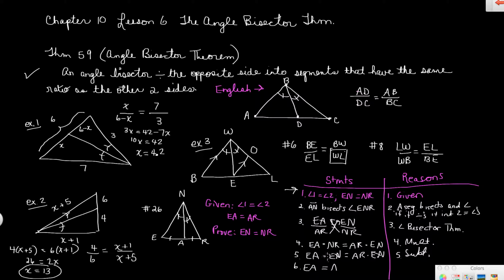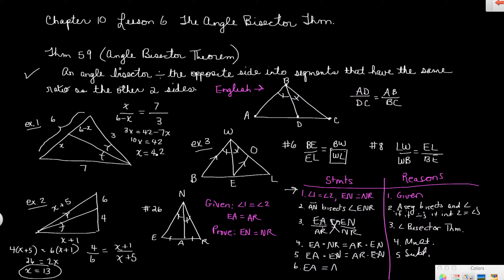Whoops, how do I have an AR there? I think I copied something down wrong here. Whoops, I think I put these on the wrong parts here. I should have EA over AR equals EN over NR. That's fine.